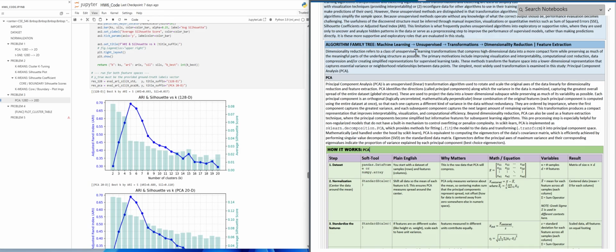Those describe various non-redundant lines within the data that describe the maximum amount of variance within the data.